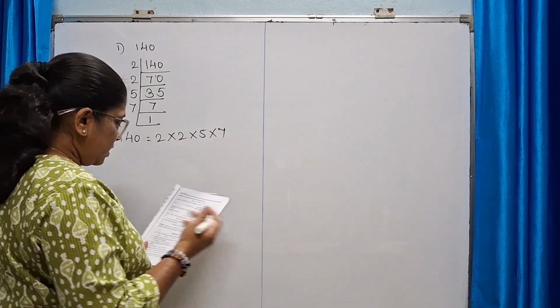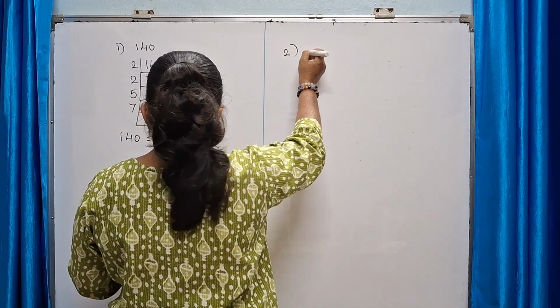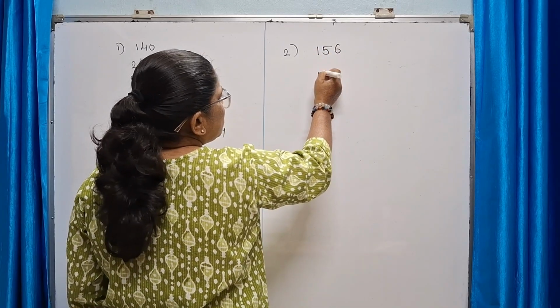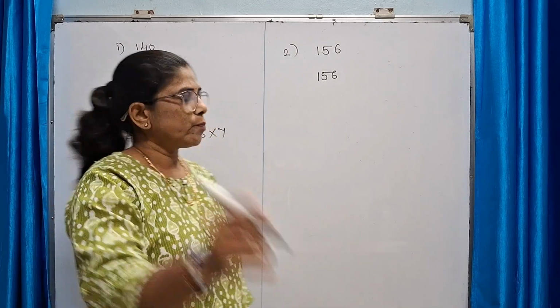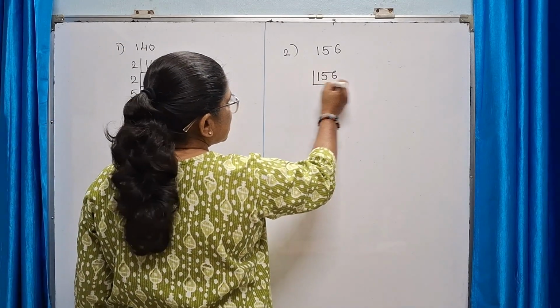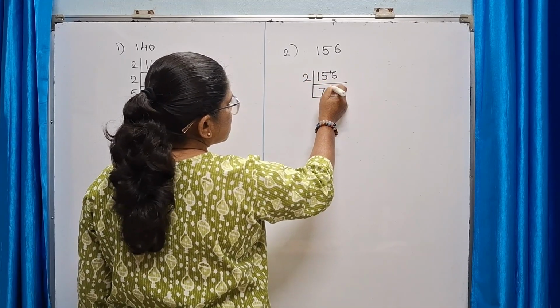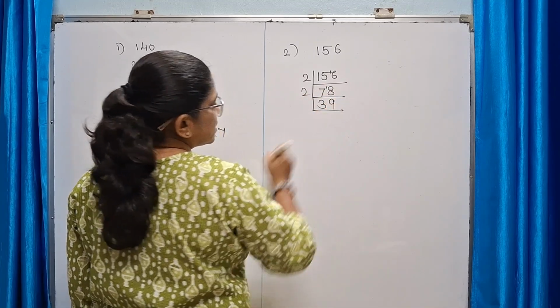Let's solve the next sum, that is the second sum, 156. If the number is an even number, always start the division by 2. So 156, let's factorize by 2. 2 sevens are 14, remainder 1, 2 eights are 16, again 2. 2 threes are 6, 2 nines are 18.